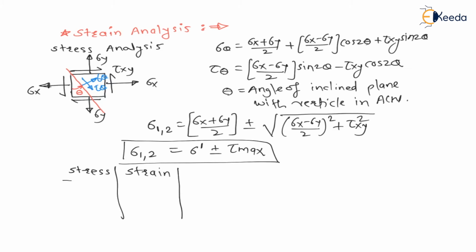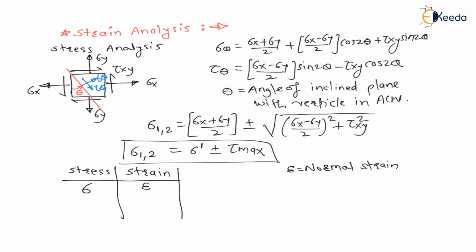Normal stress is represented by sigma, and whenever there is normal stress in any formula, in strain analysis there will be normal strain, represented by epsilon, right?